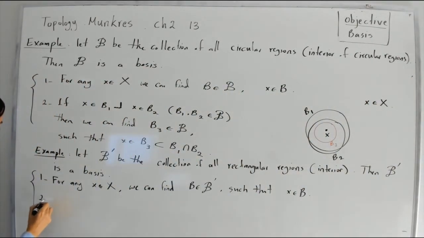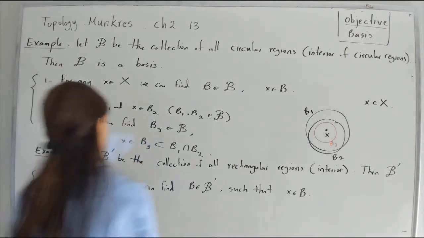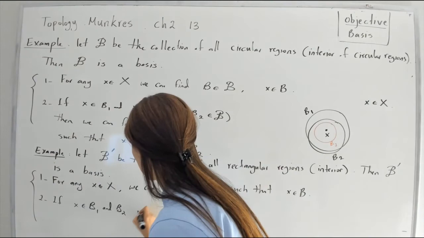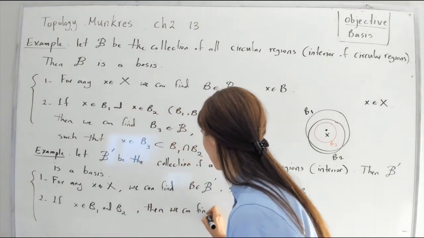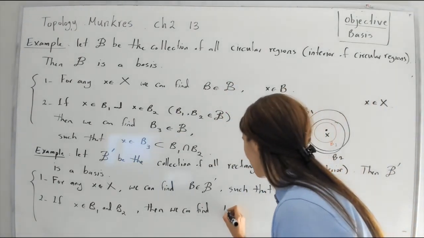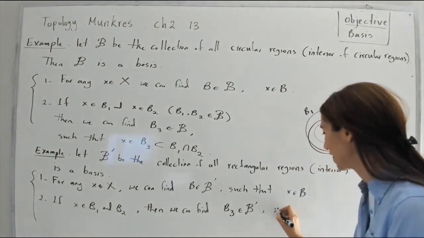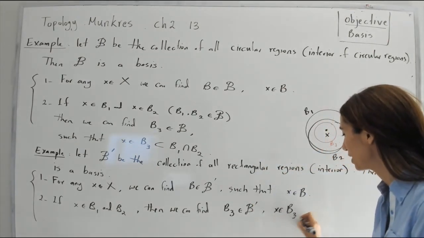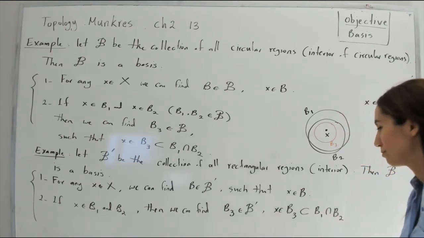Also, if x belongs to two rectangular regions, then we can find a third rectangular region such that x belongs to B sub 3 and it's a subset of B1 intersection B2.